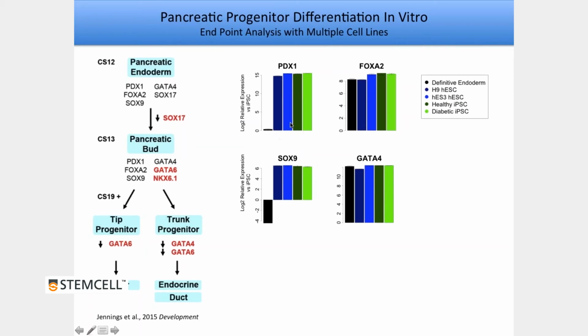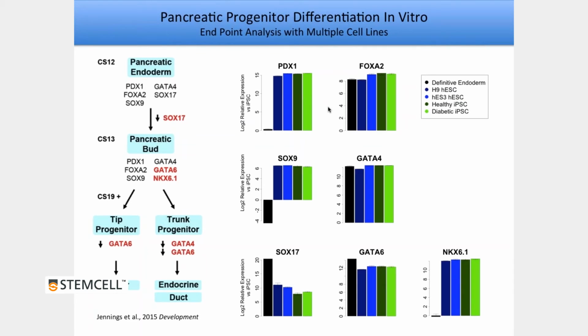In blue we have 2 human ES cell lines, H9 and HES3, and in green 2 iPS cell lines, a healthy one and a diabetic one. The take-home message is that the 4 different cell lines give rise to pancreatic progenitors which express fairly consistent levels of these key markers of pancreatic development.